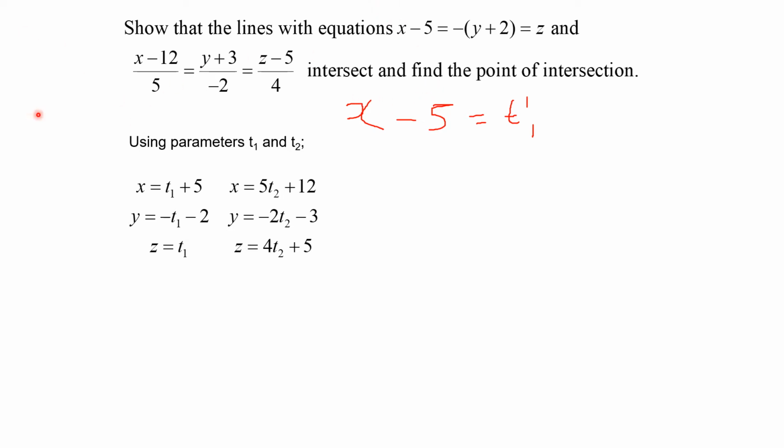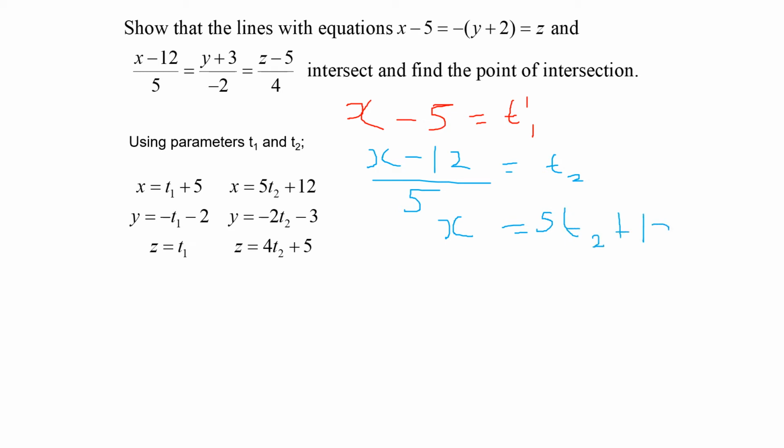Then you move on to the second equation, and you need to equate it in terms of a parameter, so we use parameter t2. For example, if (x minus 12) over 5 equals t2, then x will simply be 5t2 plus 12.